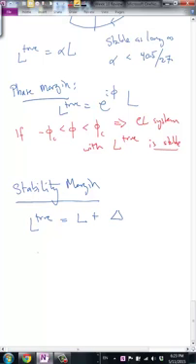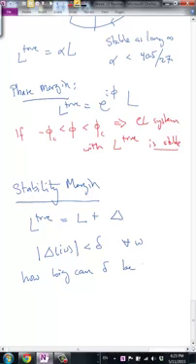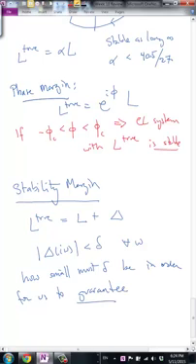And the question is, if I have a bound on delta of i omega, how big can delta be before, let's phrase it differently, how small must delta be in order for us to be able to guarantee stability?